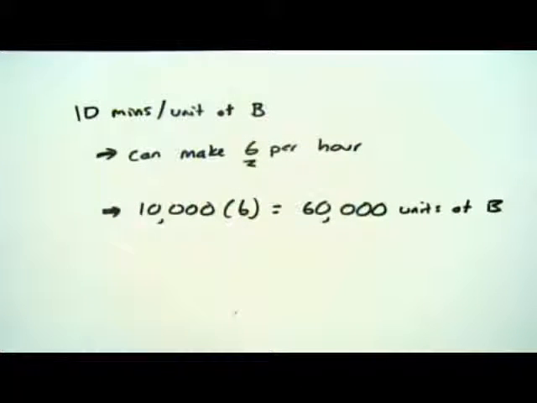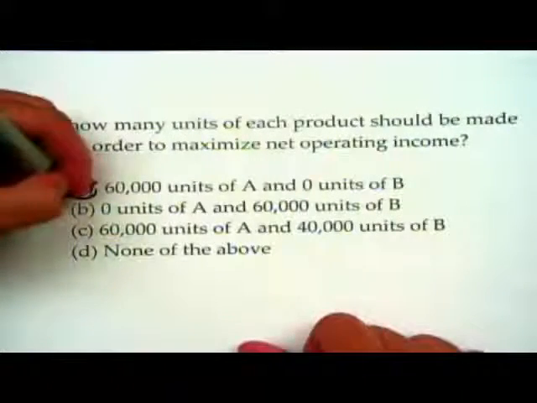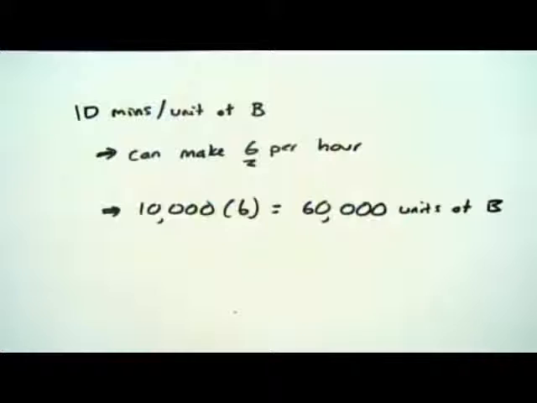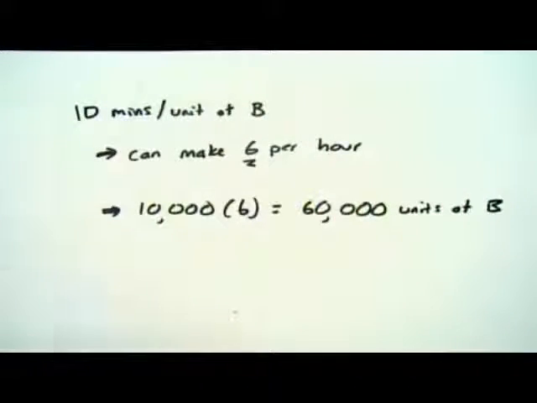So since we're not given any sort of cap, we make as many as we can. So the answer is 0 units of A and 60,000 units of B. Because, and listen, if you could only make, let's say, 40,000 of these or whatever, you would make 40,000, then move on to A. But it didn't give you any information like that, so we just call it there.